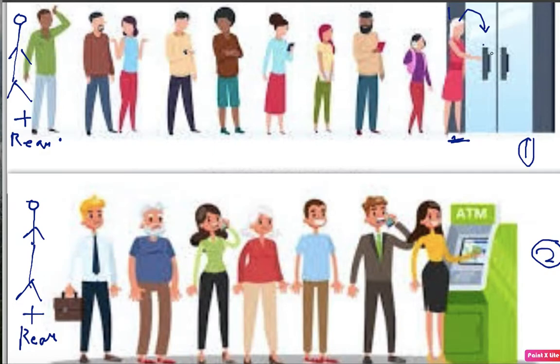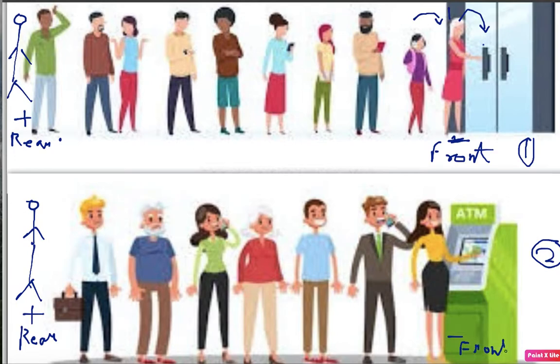When this person gets in, the second person occupies this place. So the deletion, or the removal, happens at the front end. This is my front end of the line. At the front end of the line, the deletion or removal takes place.